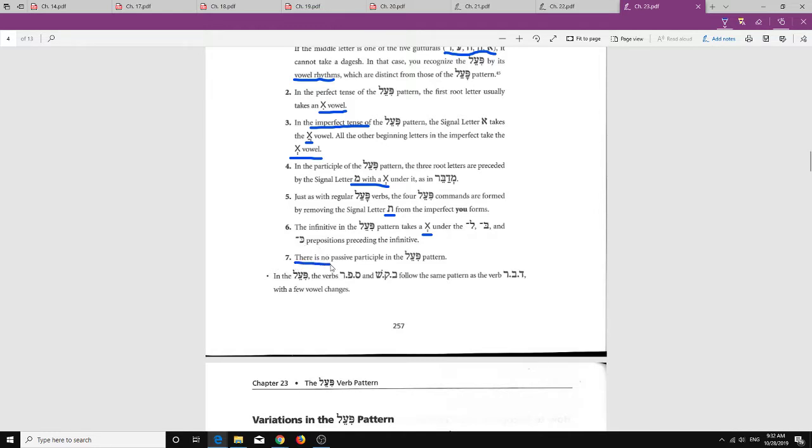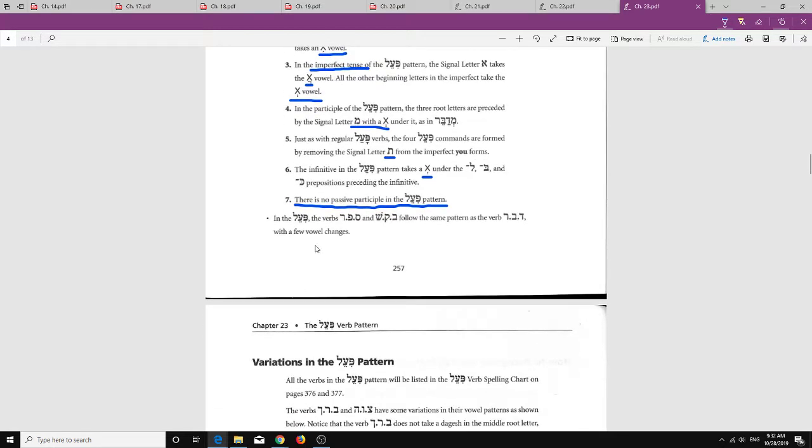And then again, pointing out what we pointed out earlier, there is no passive participle in the pal. Then these, safar and bakash, follow the same pattern as davar.